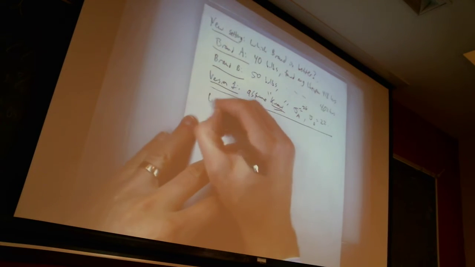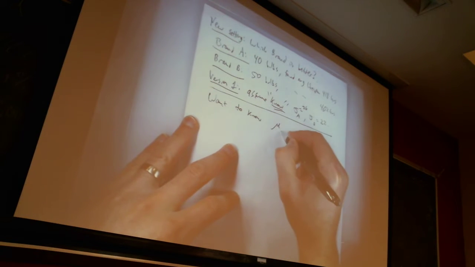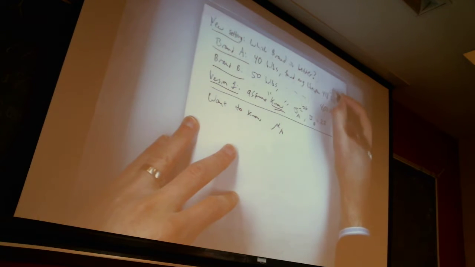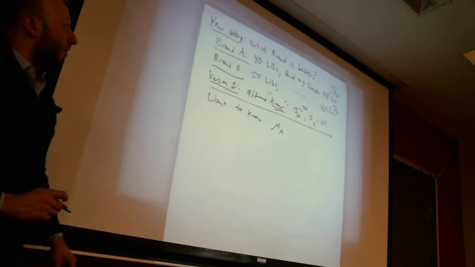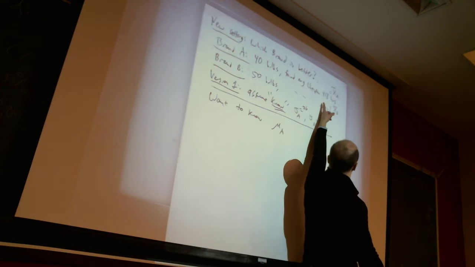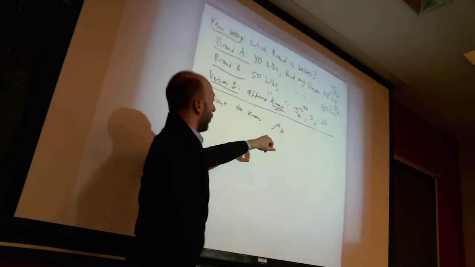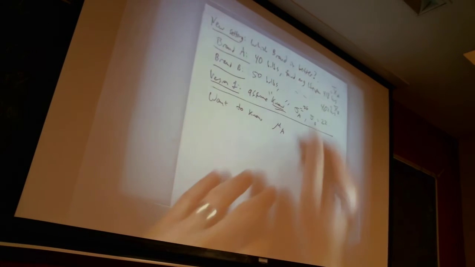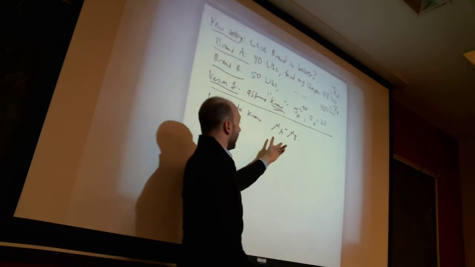So I want to know intervals for the true mean. So this is the empirical mean, right? This is x bar A, and this is x bar B. The empirical, the sample mean for bulb brand A, sample mean for bulb brand B. I want to know the true, or an estimate, for the difference of the true brand A mean versus the true brand B mean.